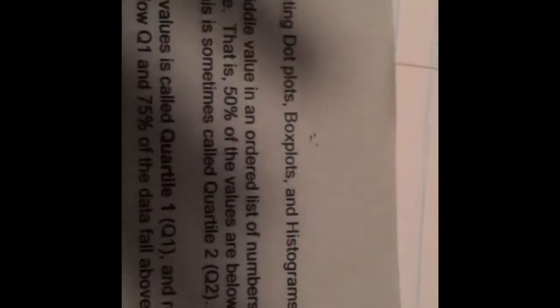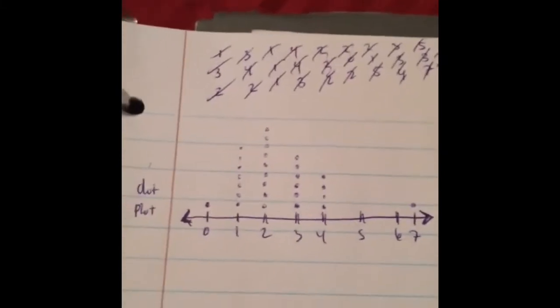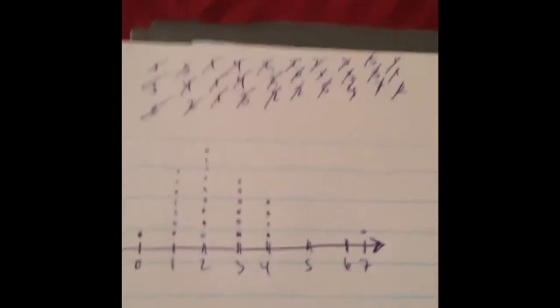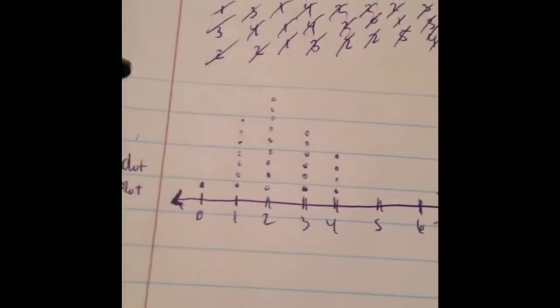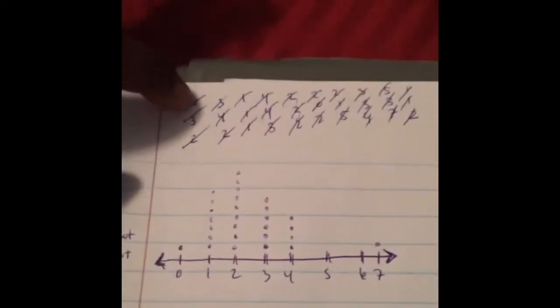Alright, so this is dot plots, box plots, and histograms. So first you can see right here is a dot plot. You have these numbers right here, with the highest number being 7 and the lowest number being 0. So what you do when you see these numbers, you just put a dot on each number you see.